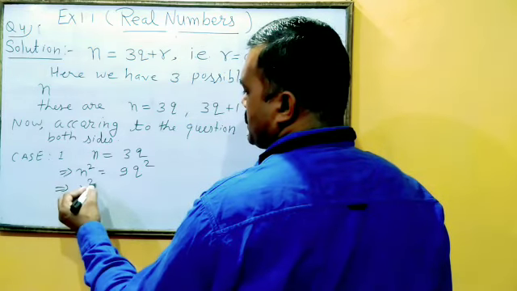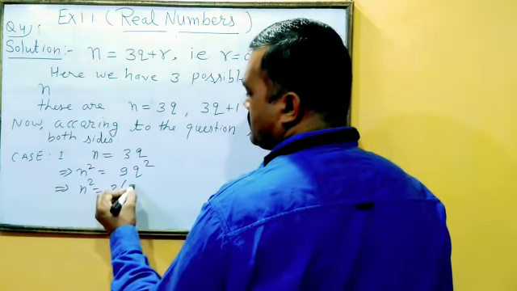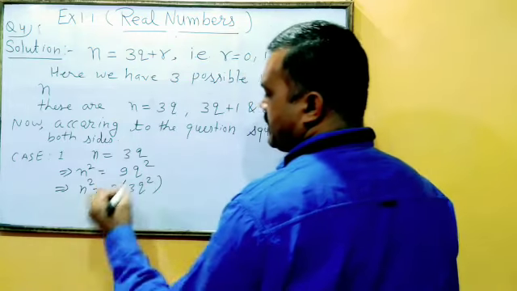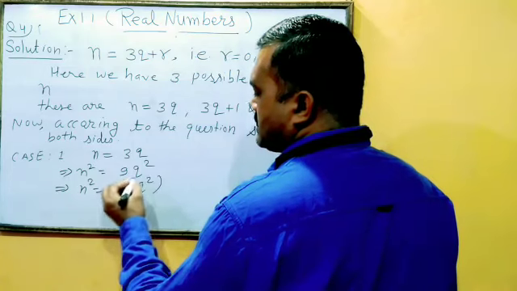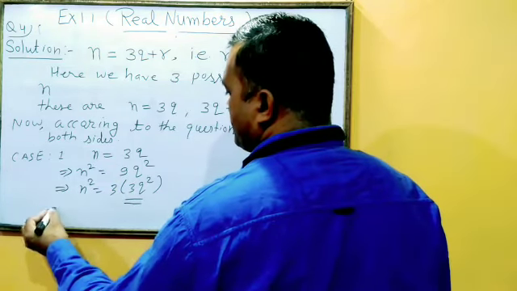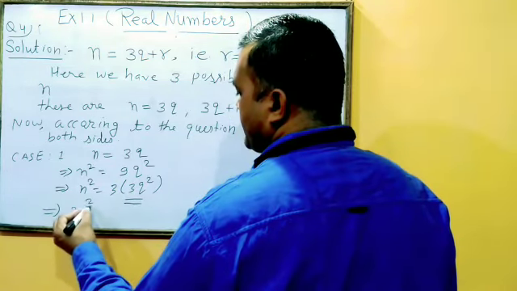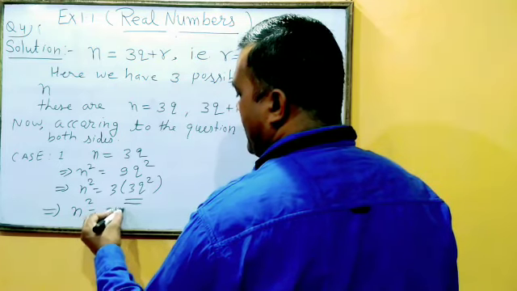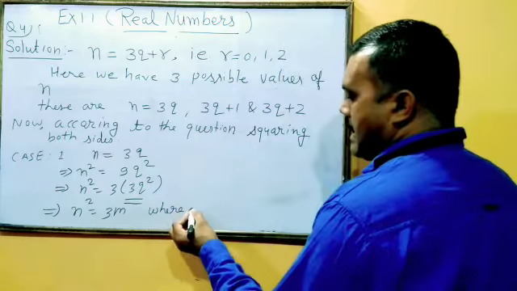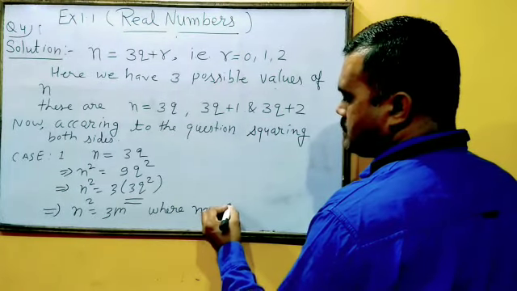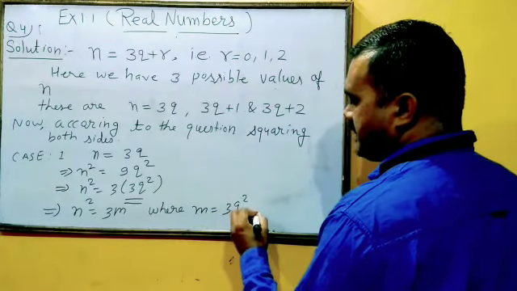Next line, n square is equal to, we can take 3 common, so it is 3 times 3q square. And this 3q square can be taken as another integer. Therefore, n square is equal to 3m, where m is equal to 3q square, some integer.